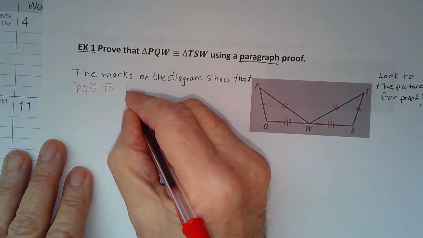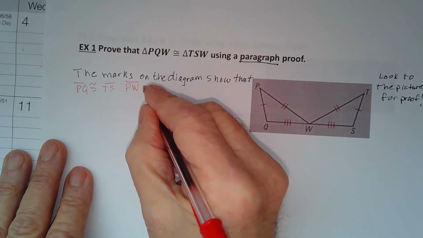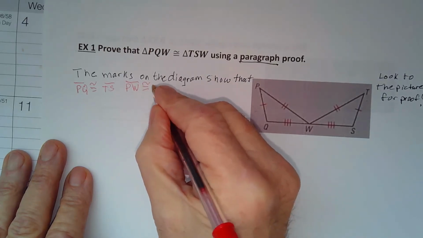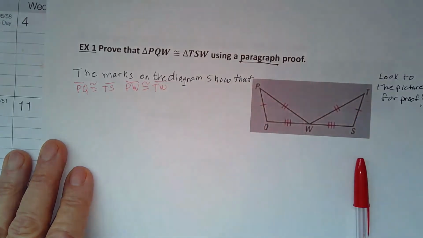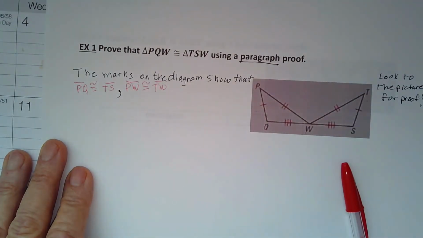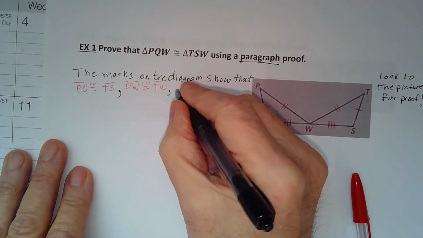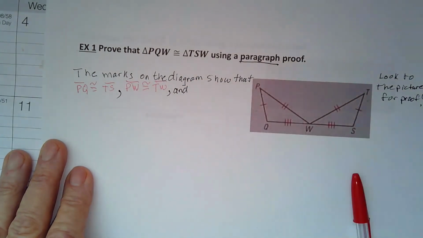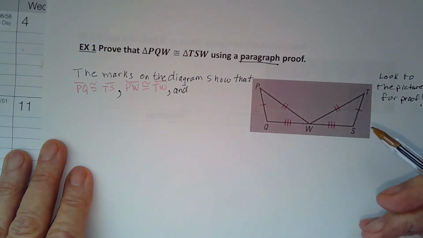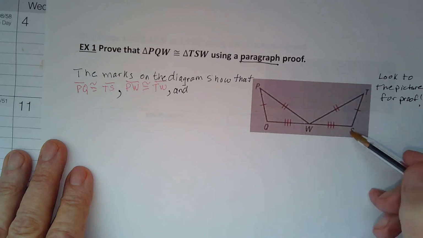PW is congruent to TW. And let's see, what's the third one? QW is congruent to SW.